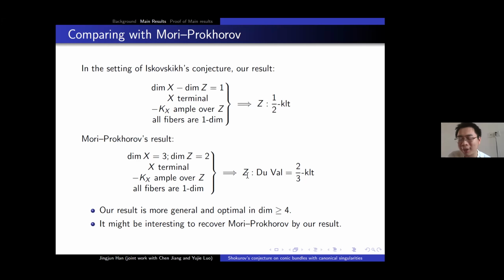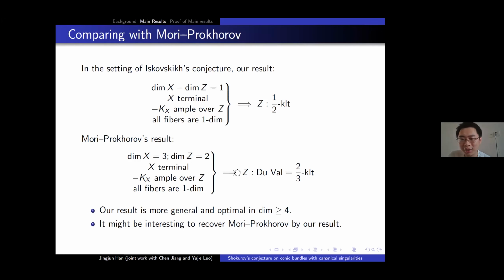indeed, if we apply the ACC of MLD for surfaces, the Du Val singularity means that the MLD is larger than or equal to 1, but since the MLD satisfies the ascending chain condition, we can show that there are no values of MLD between 2/3 and 1.